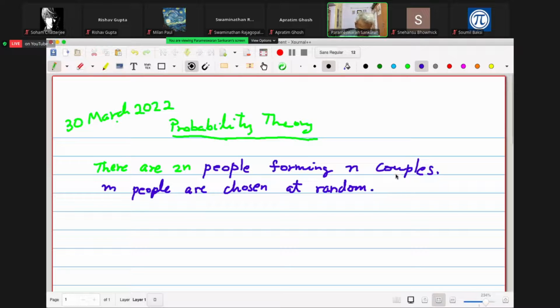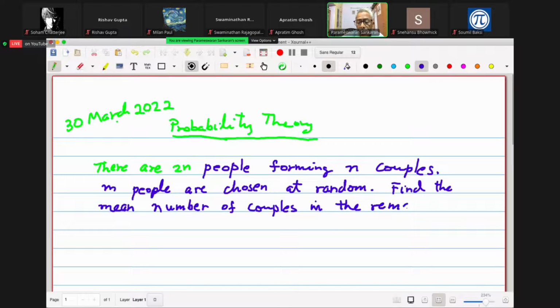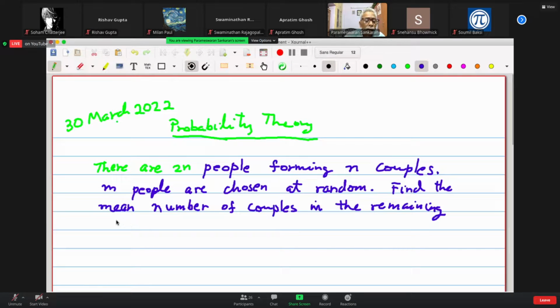Find the mean number of couples in the remaining 2n minus m people.